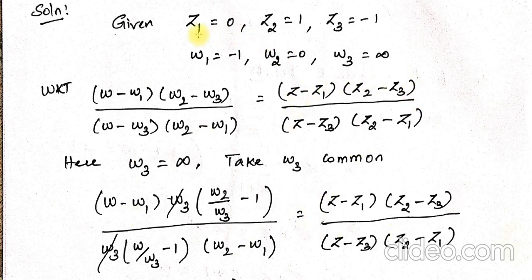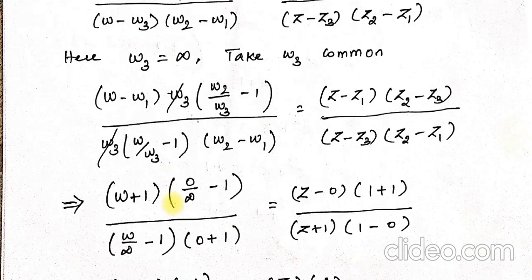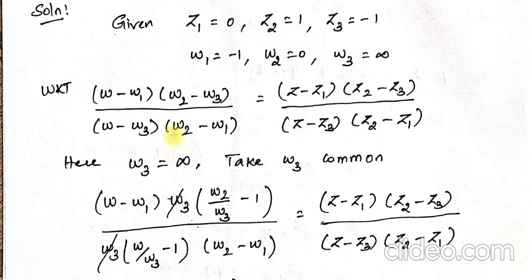Because no points in the Z series were infinity. If any terms were infinity here, I would change them in the same manner as I did for W3. Keep this in mind. Whenever infinity is involved, we are not supposed to substitute it directly. Right? In the next step I am going to substitute whatever values we are given. See, W1 is minus 1.